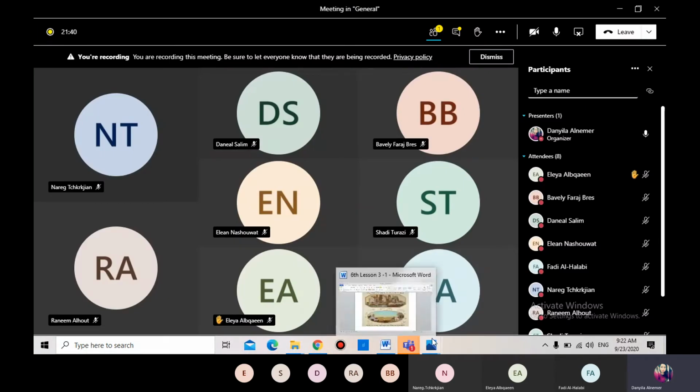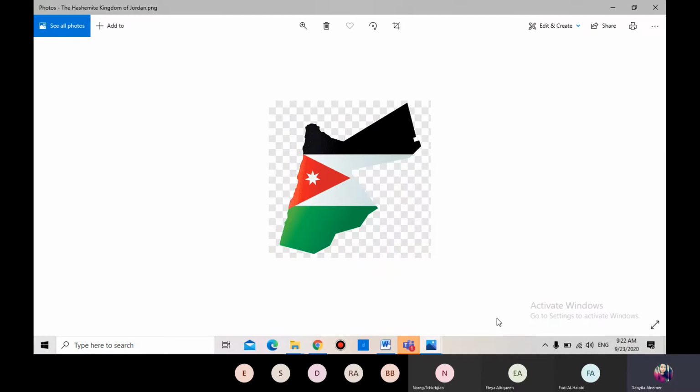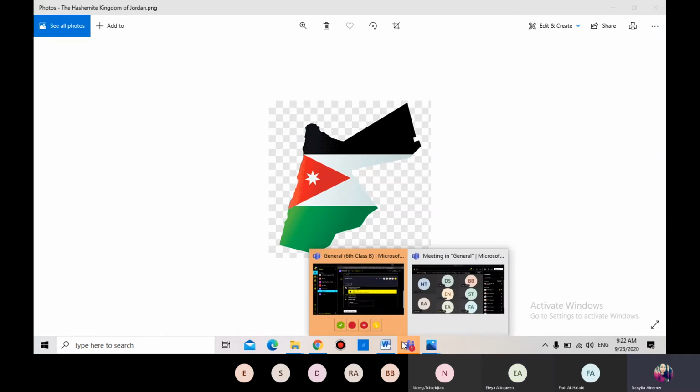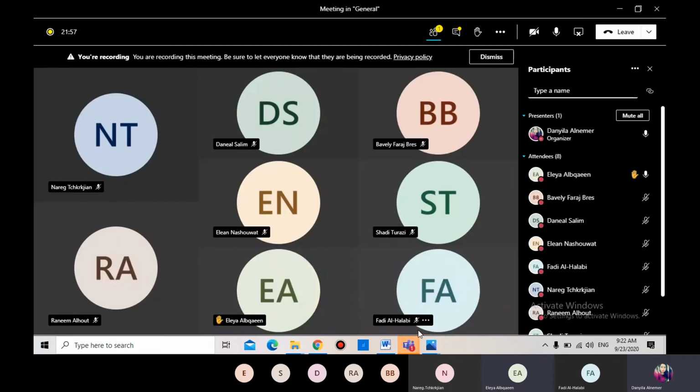Elia. Like a flag? This one, it's not. Are you sure? It's a map, isn't it? And it's a map of Jordan. Amazing.